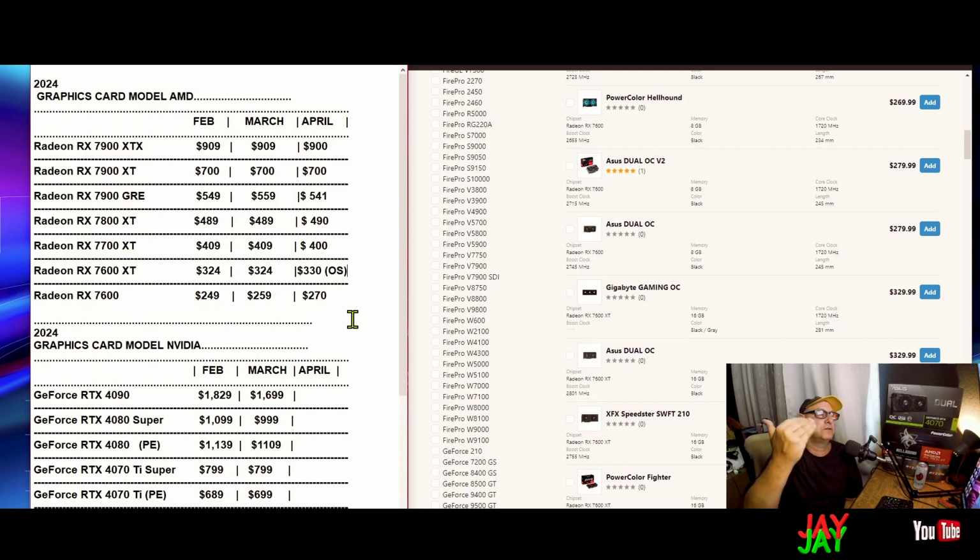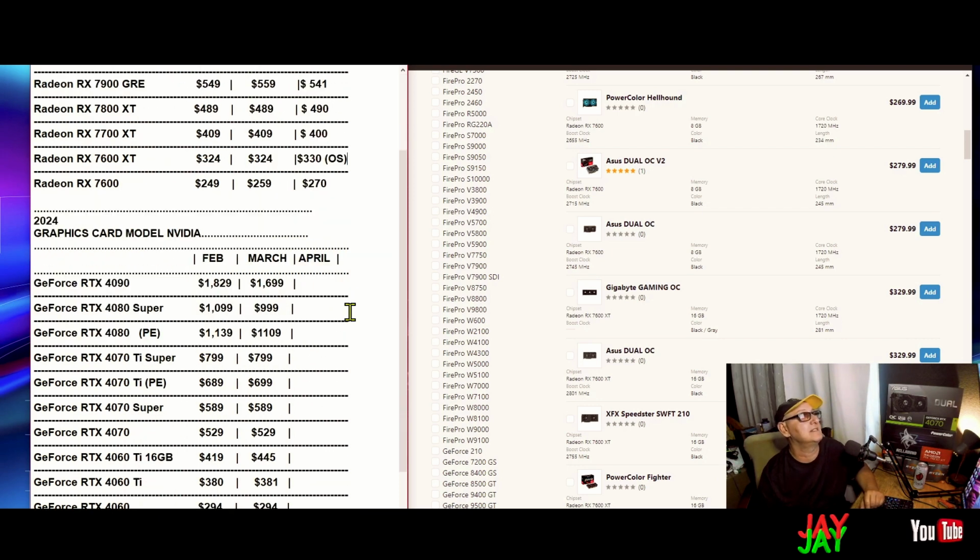You can get a 6950 XT, but you're going to pay about the same price as the next generation. So there's no sense in showing you the last generation when you get a better advantage going upwards. You want a futuristic path moving forward.